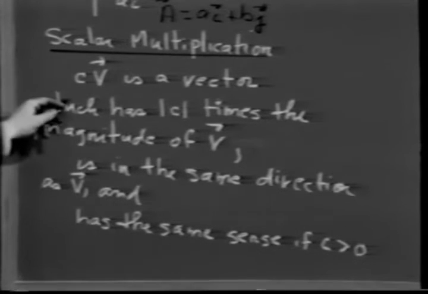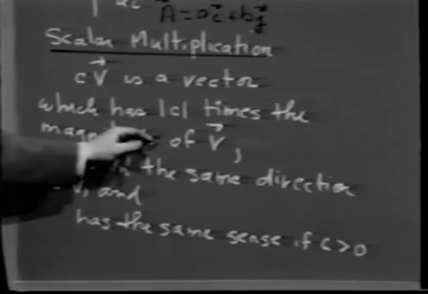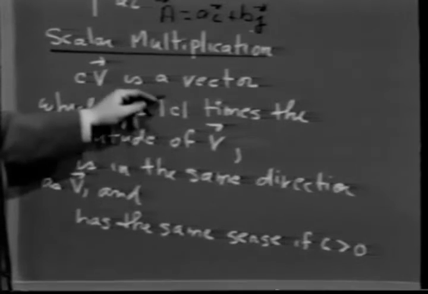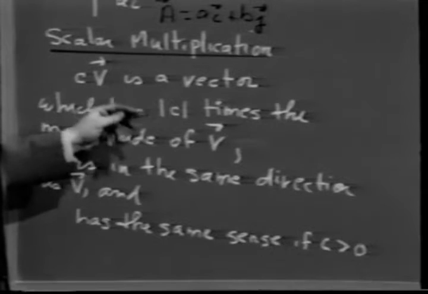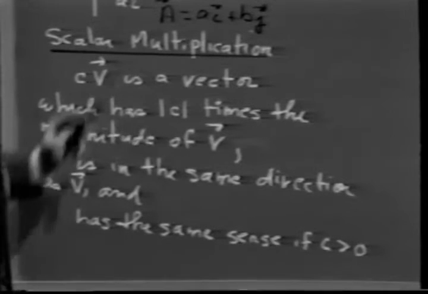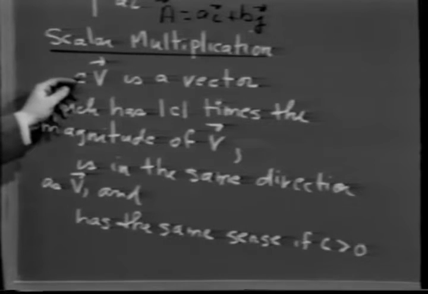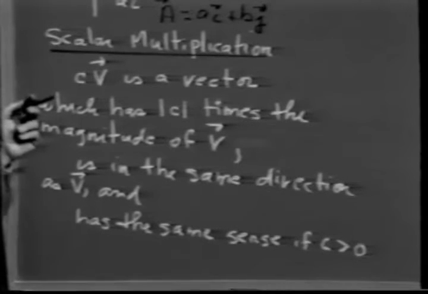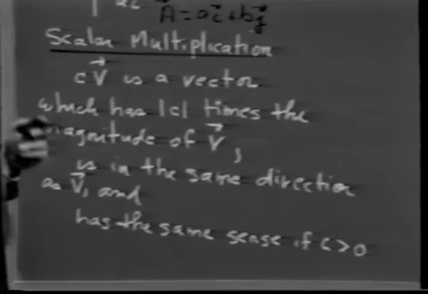In other words, this is a vector which has the magnitude of the absolute value of C times the magnitude of V, meaning it's C times as large as V if C is positive, and minus C times as large as V if C is negative. The same meaning of absolute value as always. For example, 2 times V would be a vector whose magnitude was twice that of the vector V. Negative 2 times V would also be a vector whose magnitude is twice that of V.